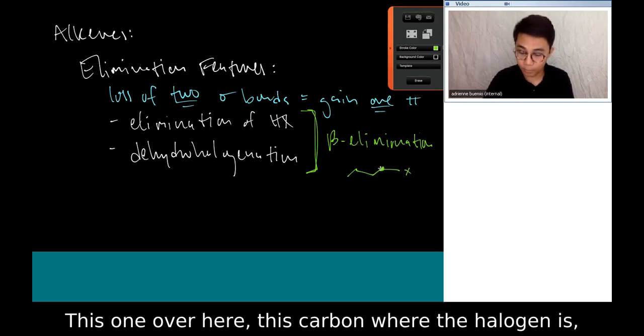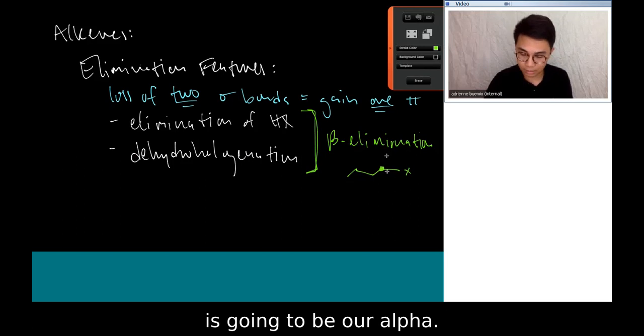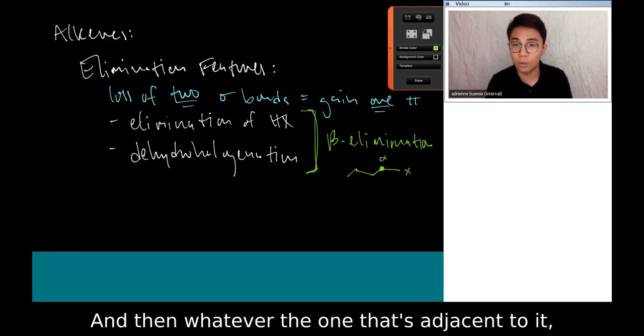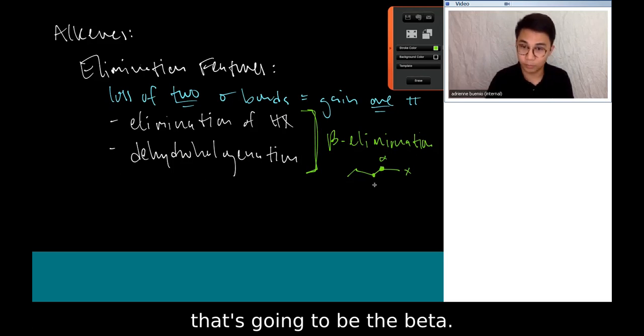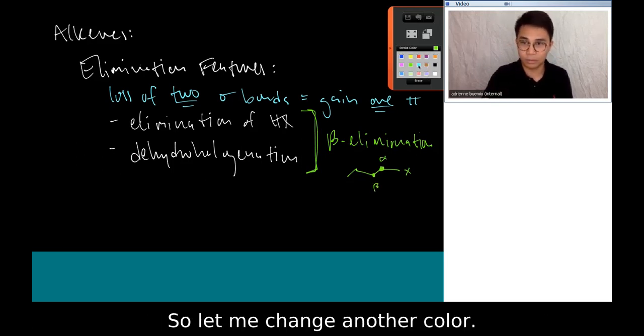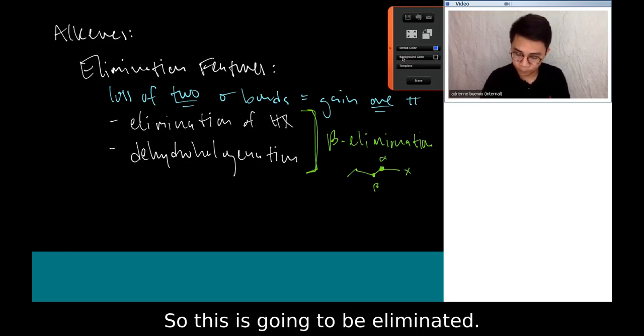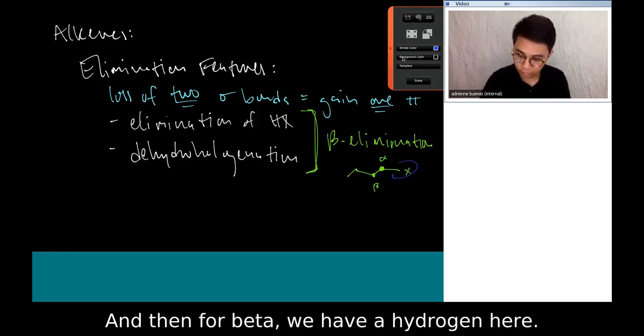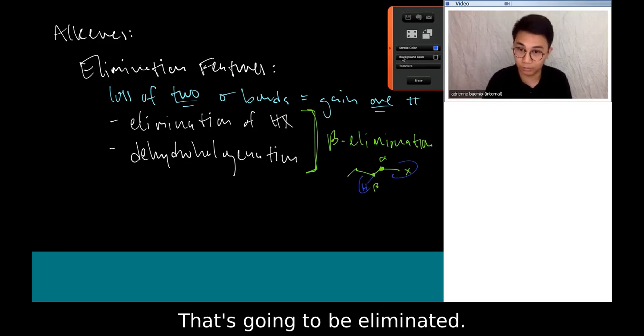This carbon where the halogen is going to be our alpha, and then the one adjacent to it is going to be the beta, right? So now we're going to have our beta elimination. So the halogen is going to be eliminated, and then for beta, we have a hydrogen here that's going to be eliminated.